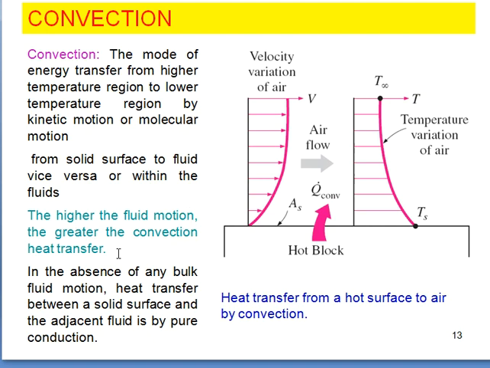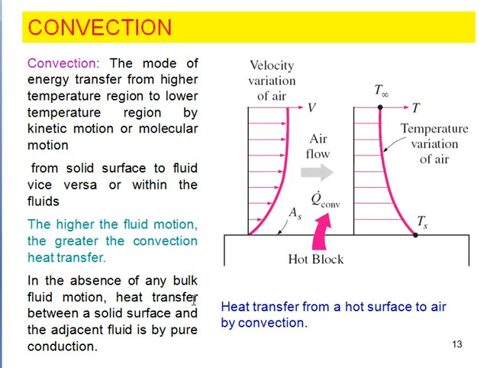The higher the fluid motion, the greater the convection heat transfer. That depends upon the fluid motion also, and if the fluid motion is higher, then the heat transfer by convection will be higher. In the absence of bulk fluid motion, the heat transfer between the solid and adjacent fluid will be by pure conduction. Here the fluid is stationary. If there is no movement of the fluid, then the heat transfer takes place by conduction instead of convection.